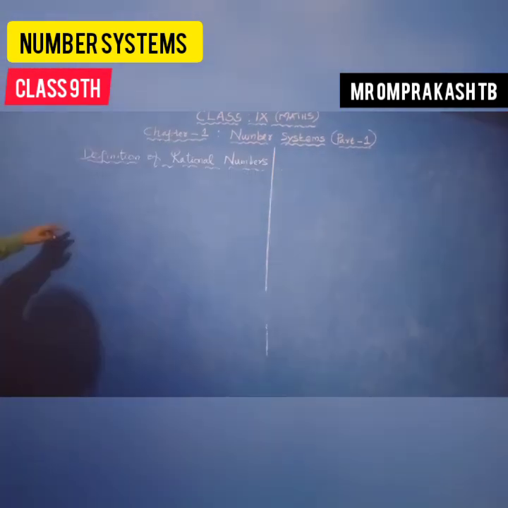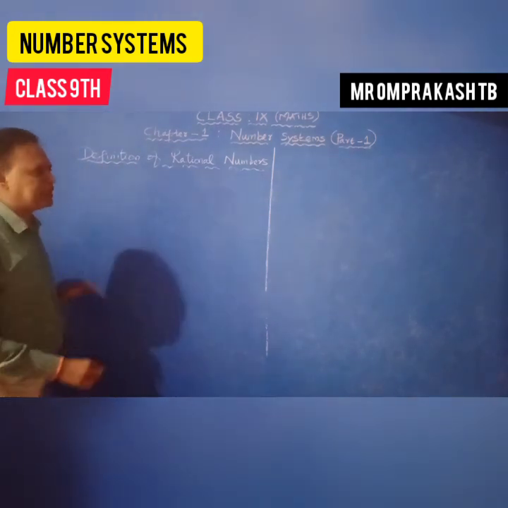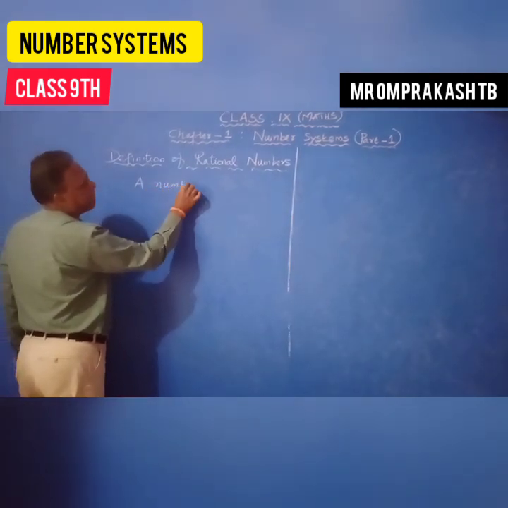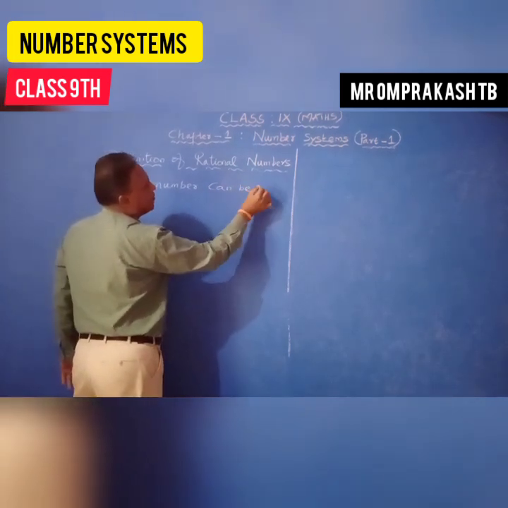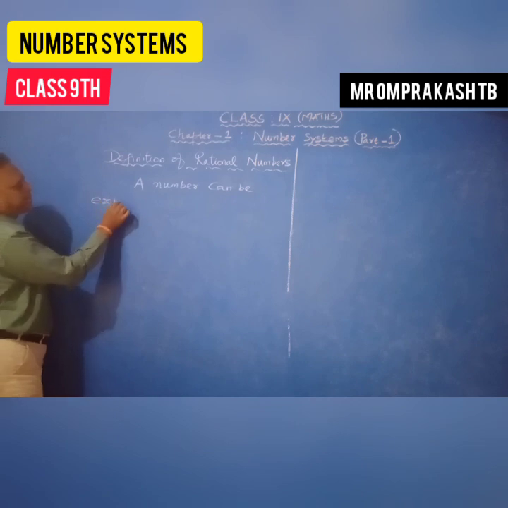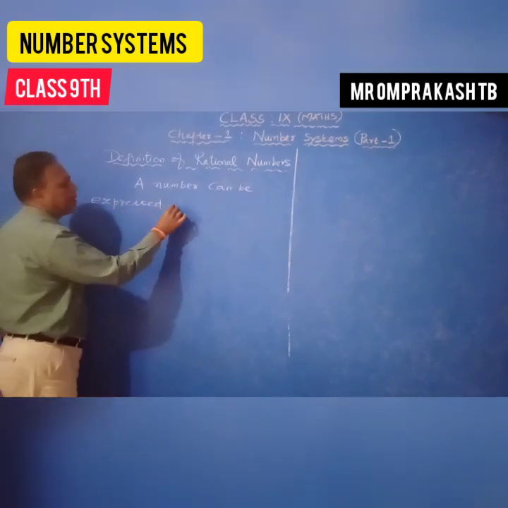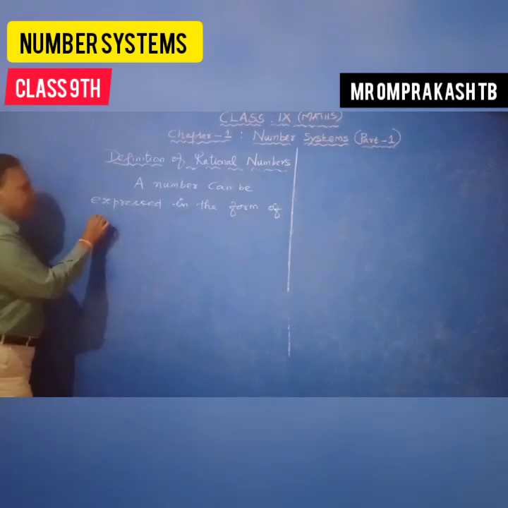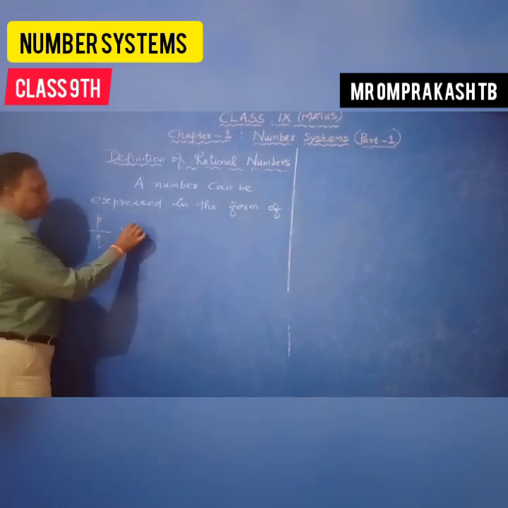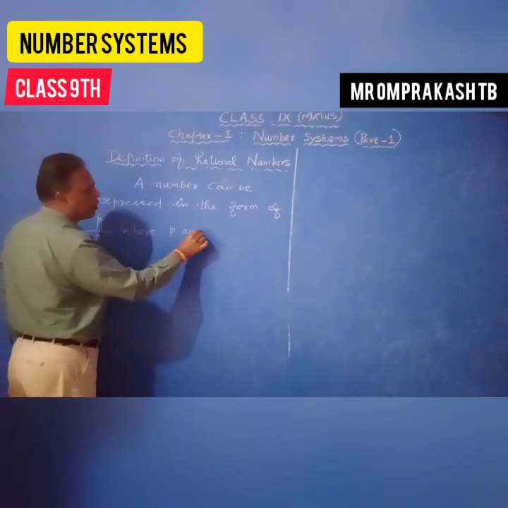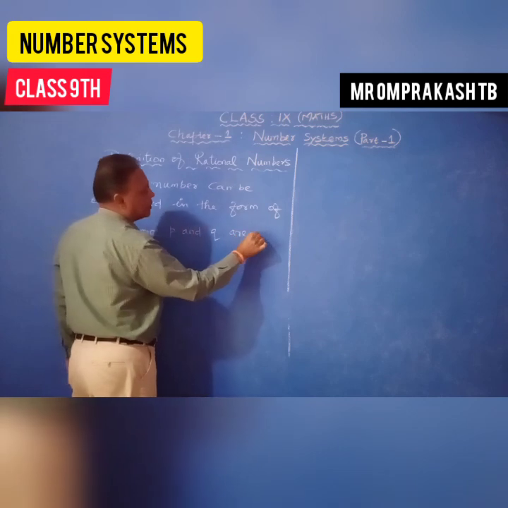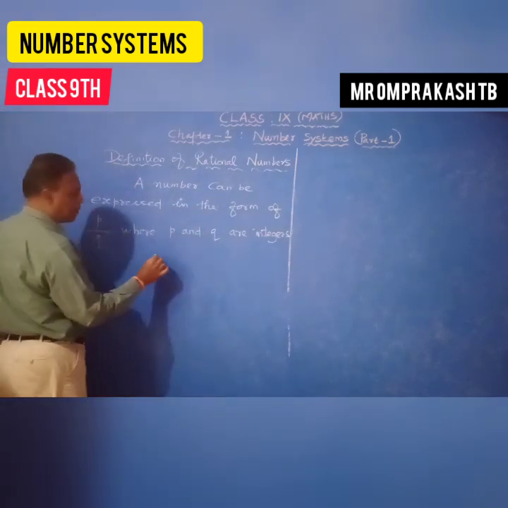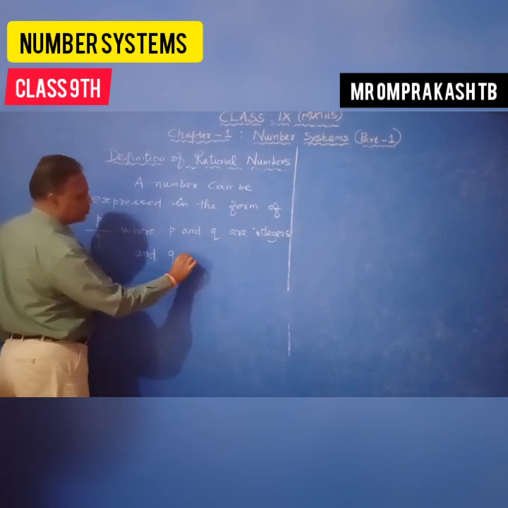Definition of rational numbers. A number that can be expressed in the form of p by q, where p and q are integers and q is not equal to 0.